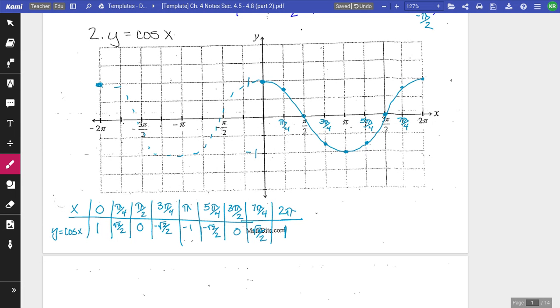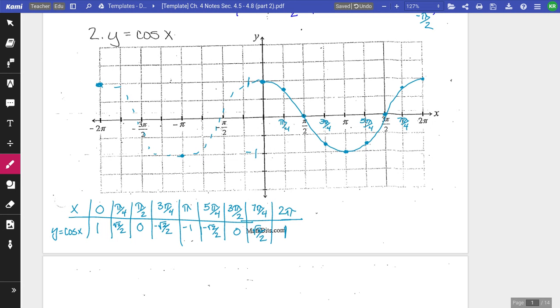Again, you can use your unit circle and go the other direction around, so you've got your negative values. But if you understand the shape of the cosine, your high point, your maximum value, is at 1. Your low point is going to be at negative 1. It's all very symmetrical. My low point is going to be at negative pi, negative 1.